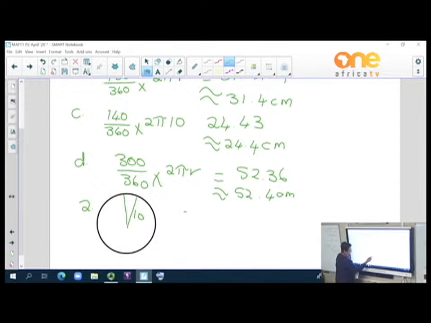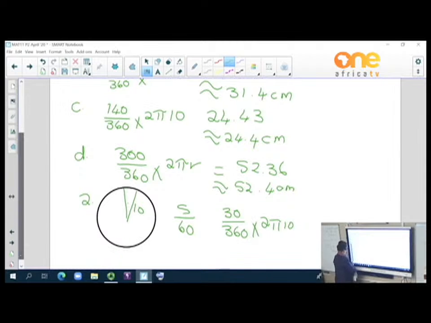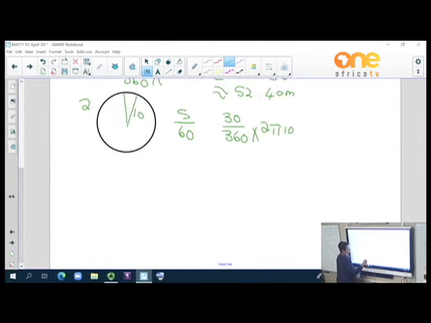There we have to calculate the 5 minutes out of 60, because we need to find that angle. Can you see? That's what we want, that angle. It's then the 5 minutes out of 60 minutes. So it's then 30 out of 360 of 2 pi 10. The radius is still 10. And then what is this one's arc?